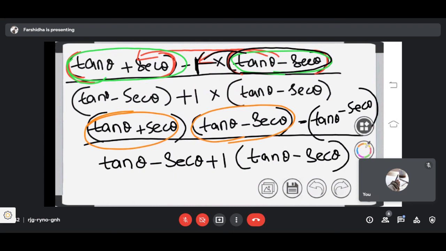Instead of a, you have tan theta, instead of b, you have sec theta. So a square minus b square means tan square theta minus sec square theta. So I can replace this whole term by tan square theta minus sec square theta by using the third algebraic identity.